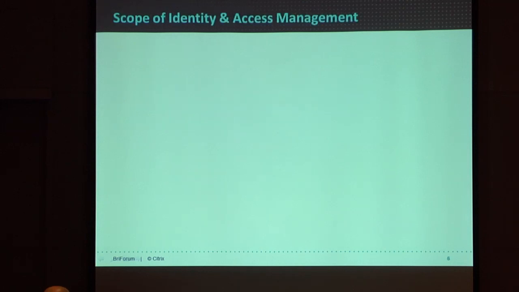But for now, let's talk about the scope of identity and access management. This is my understanding of the scope. People think of it, of course, as starting with authentication and verifying the user identity. The user presents credentials, and you verify the identity. You can do that by direct authentication: username, password, RSA token, smart card, client certificate, biometrics, whatever.